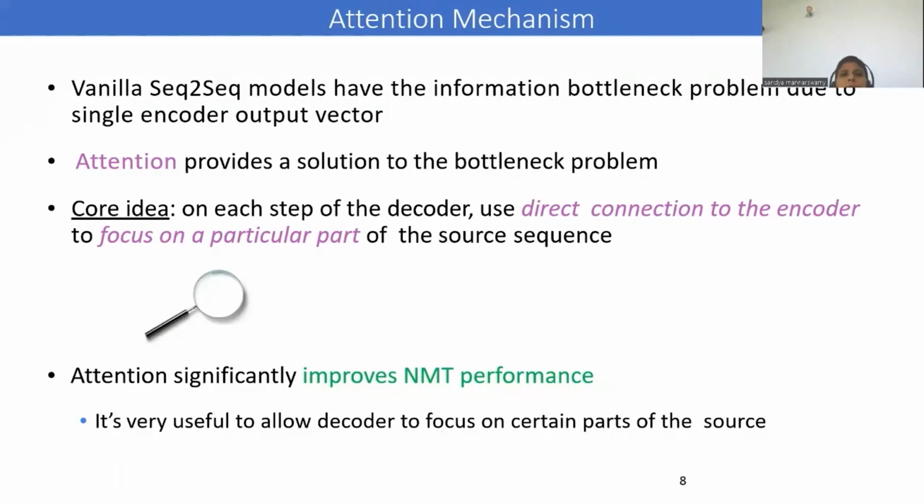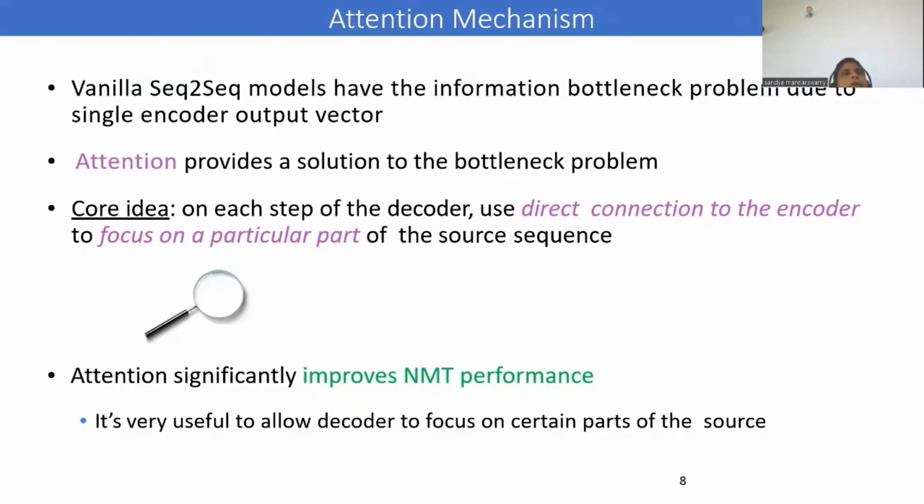To avoid this, sequence-to-sequence models have what is known as an attention mechanism. The attention mechanism allows the decoder to look at specific parts of the source sentence when it generates each of its output tokens. This is done by combining all the encoder outputs, not just the last stage of the encoder output.